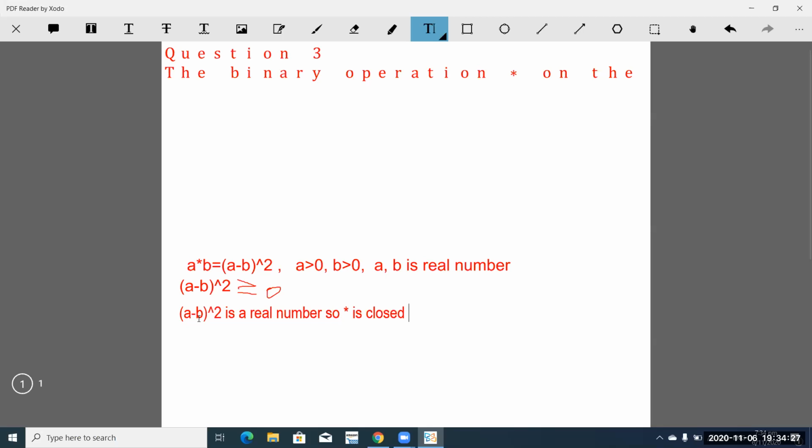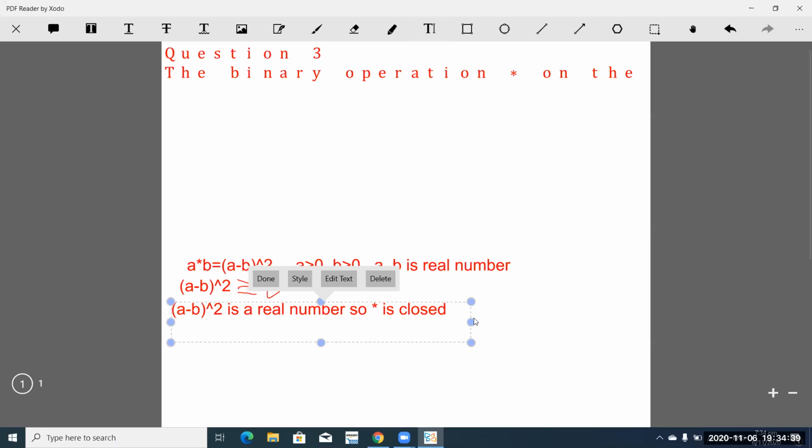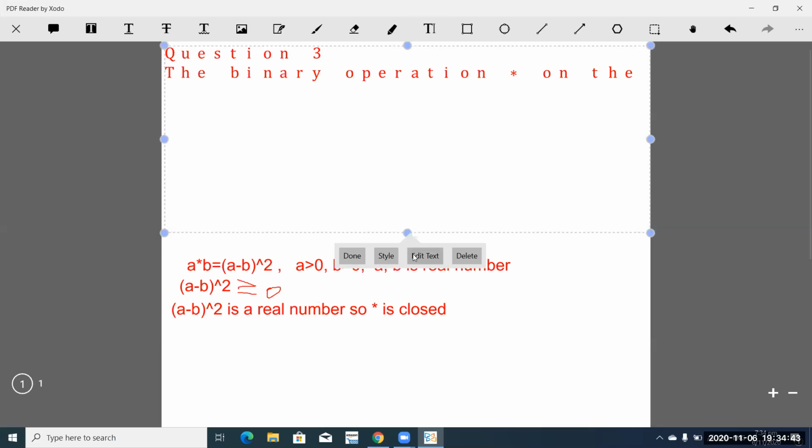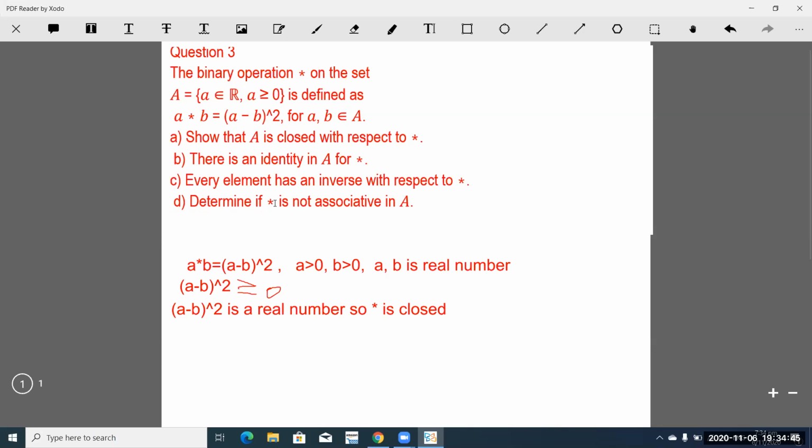Then that 75 squared gives you 5,625. So no matter which number you choose for A and B, when you square it, the answer is going to be greater than or equal to 0. Can you agree with that statement? Yes, sir. Nice. And so we say that star is closed.